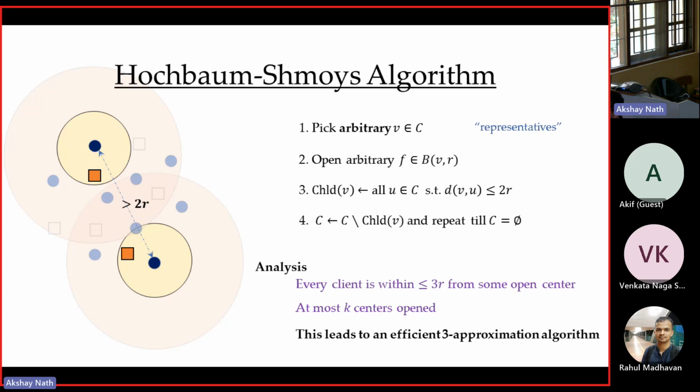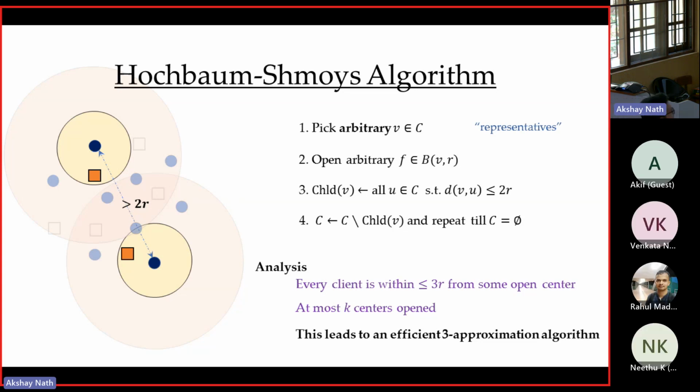Fantastic. Other questions, yes. Is it obvious that any covering of radius 3r will come from this algorithm by picking some choice of order of fields? You have a 3r-centric covering. So let me ask you a question again to see if I understood it.